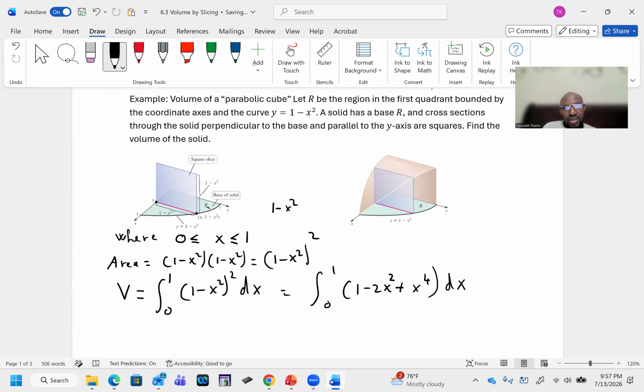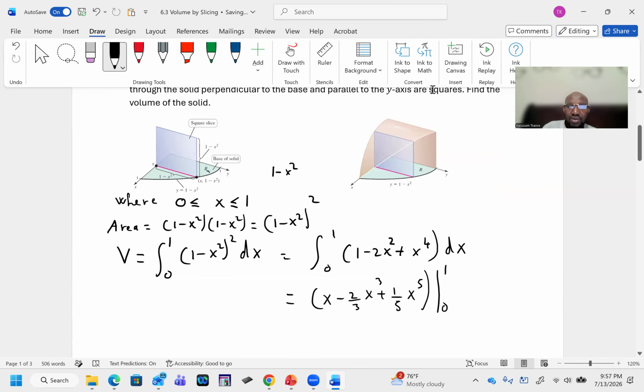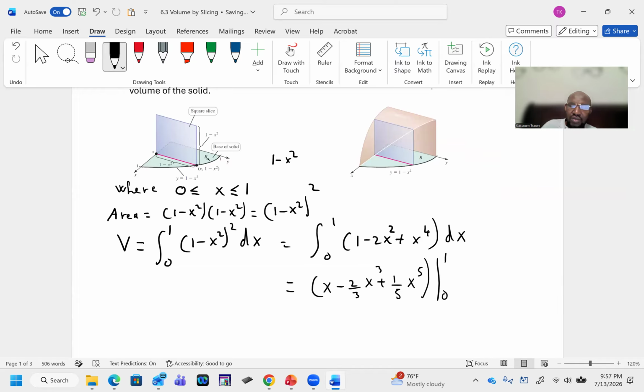Okay, and by integrating, I know you know how to integrate this one, we'll get x minus 2/3 x cubed plus 1/5 x to the power of 5 from 0 to 1. And if you substitute 1, because if I substitute 0, I will get 0, V will be 8 divided by 15. That will be my volume.